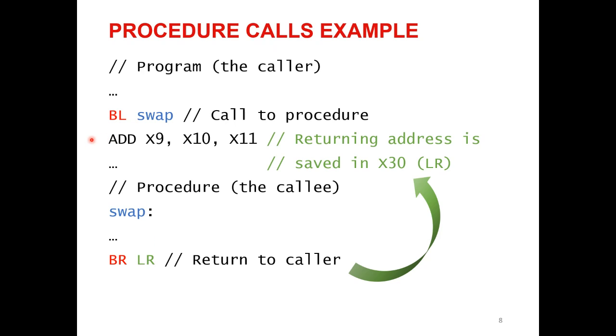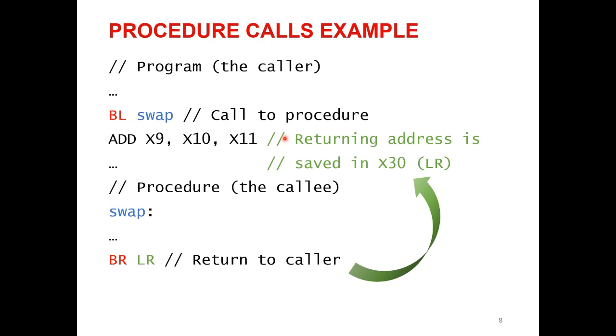I am going to store the address of this instruction in a register called LR, register 30. Why? Because when I finish the procedure, I will need to go back to that instruction, and I need to store at some place the address of this instruction.